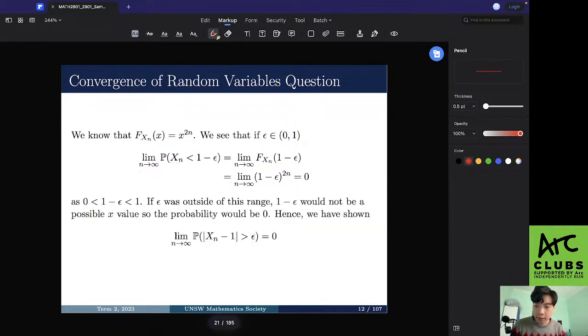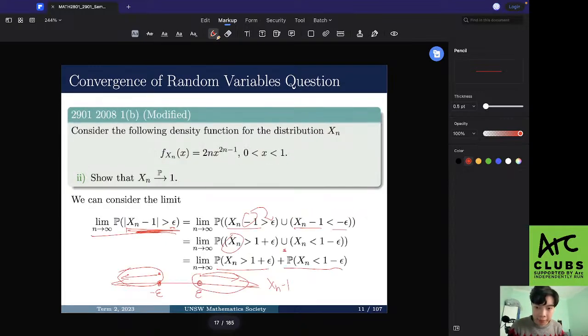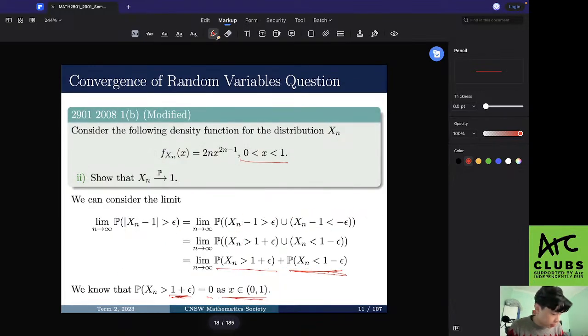So that's pretty much how we've shown that the limit as n approaches infinity for the probability of the difference between xn and 1 being greater than epsilon is 0. Just to recap, what we've done is we've taken this limit, split it up by what it means, and then we've looked at each individual probability and made sure that for each case we've shown that it's equal to 0.